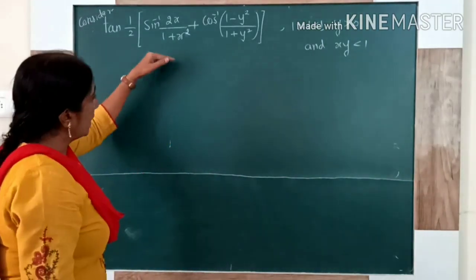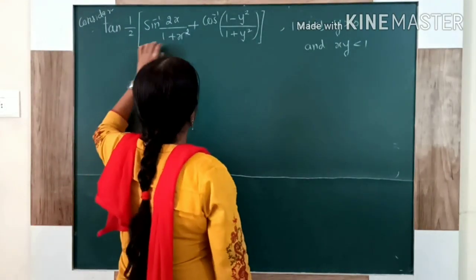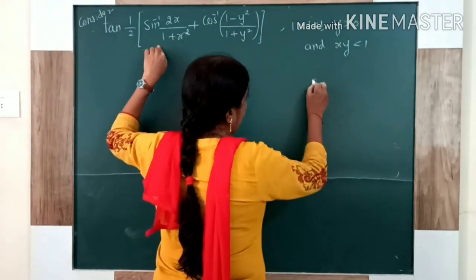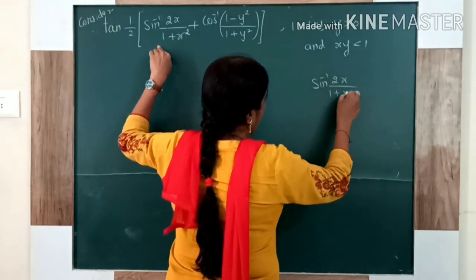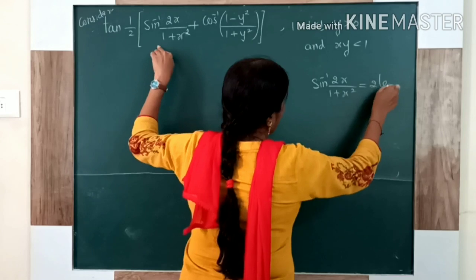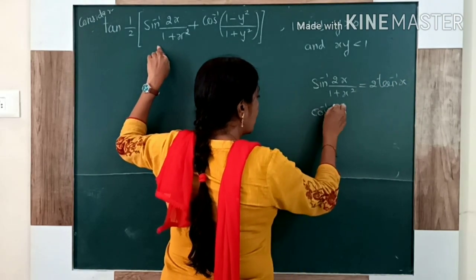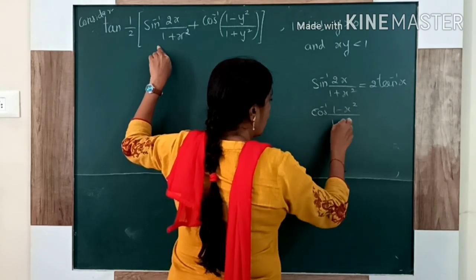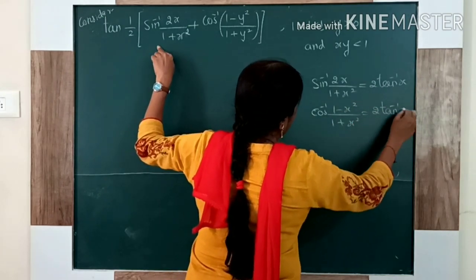In the inverse trigonometry classes we have studied 17 formulas. Out of those 17, sin inverse 2x upon 1 plus x square can be written as 2 into tan inverse x, and cos inverse 1 minus x square upon 1 plus x square is also 2 into tan inverse x.